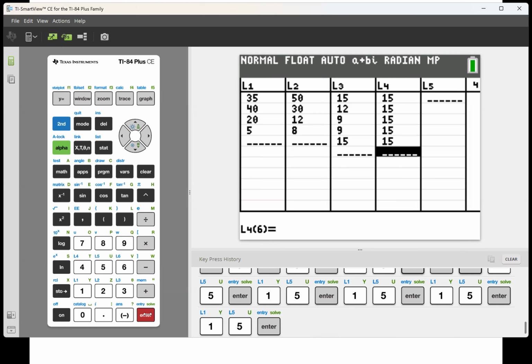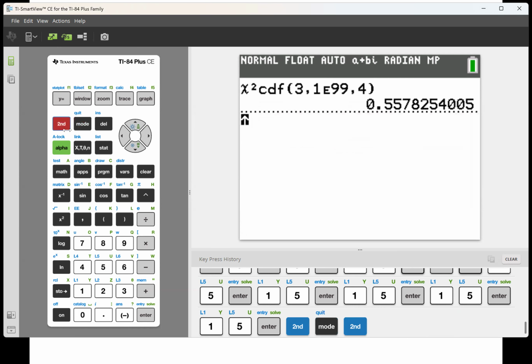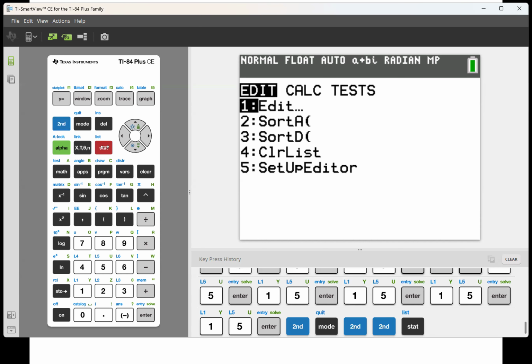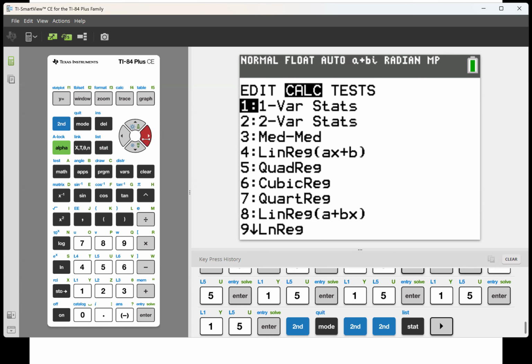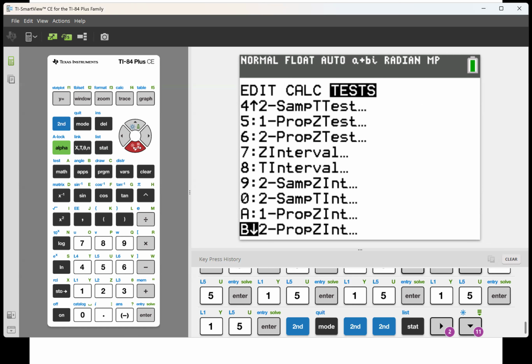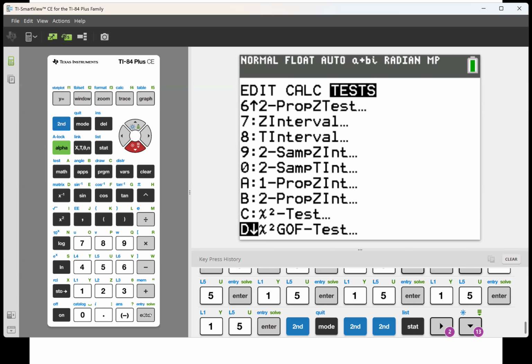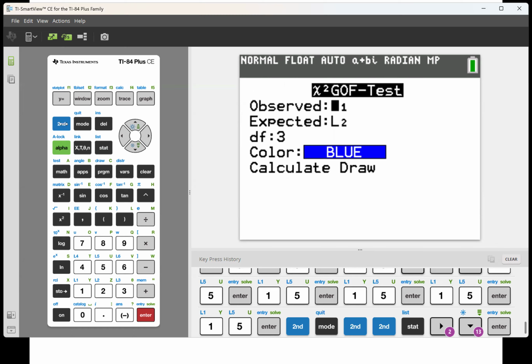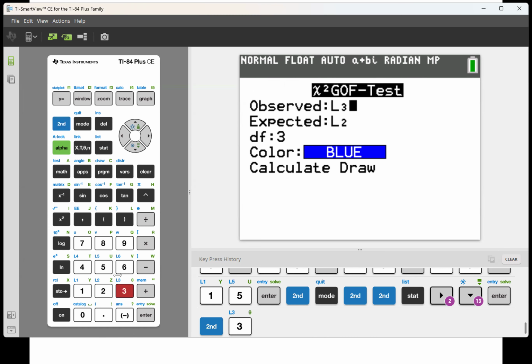Okay, so now we're going to run a chi-squared goodness of fit test. Go stat, tests, find the chi-squared goodness of fit. I put my observed in L3, and I put my expected in L4. I had 5 categories, so my degrees of freedom is 4.